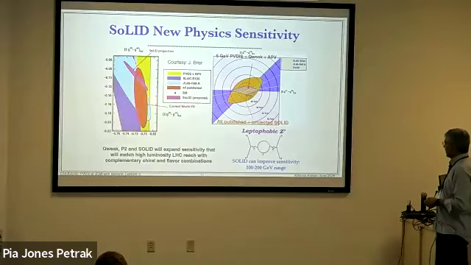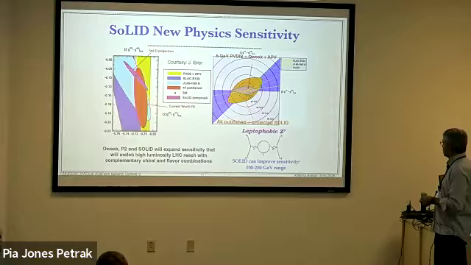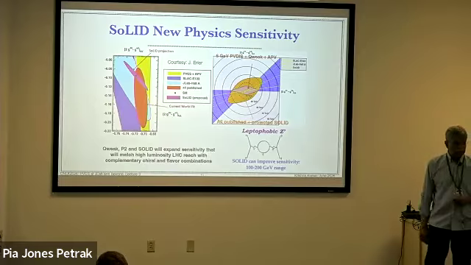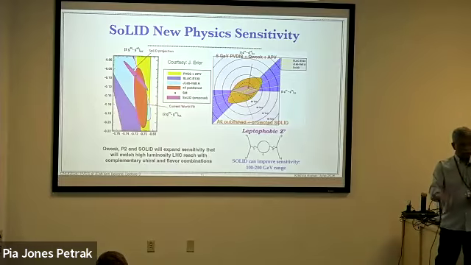So in SoLID, though, because of this diagram at radiative corrections, you can see that even though this coupling is just a photon, this coupling is a Z prime, you got a q q-bar here. And so you get sensitive to this at the level of radiative correction. So that's an example of why you want to do such a measurement.